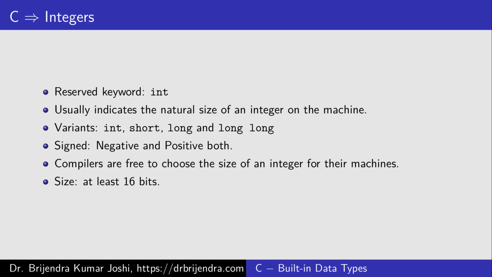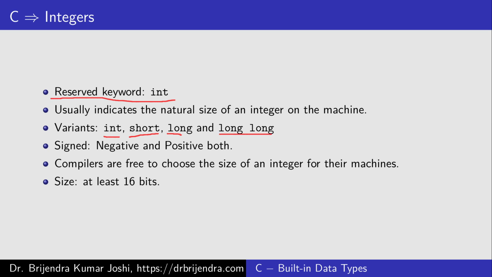Now, the reserved keyword for integers is int. It is one of the integer types, and it usually indicates the natural size of an integer on the machine. Its variants are short and long, and also long long.